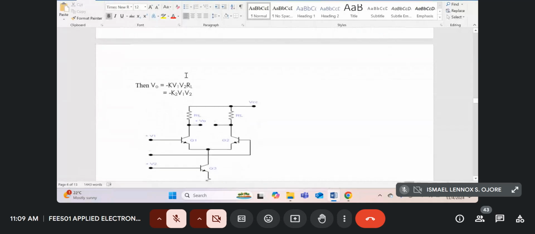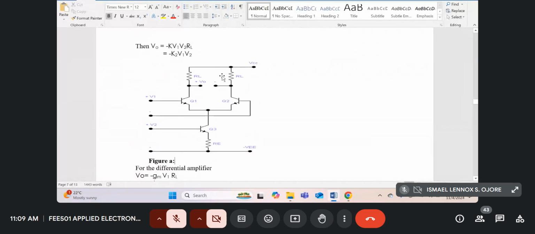Then we'll get this equation 3. So we'll get V naught is some K2, V1 into V2, where K2 takes into account the first scalar into RL. So that's a multiplication function.